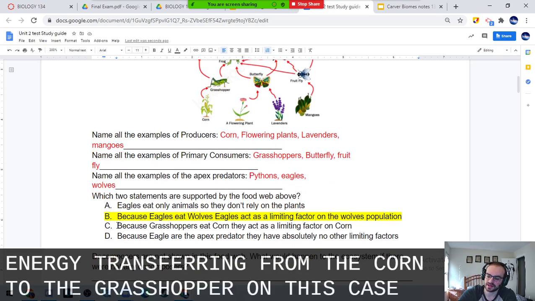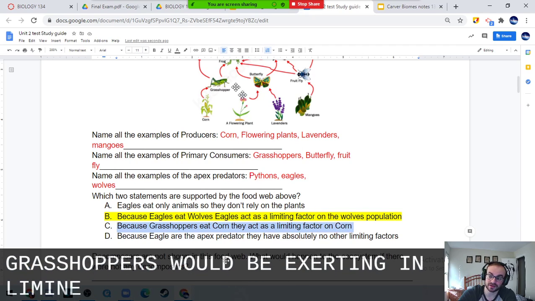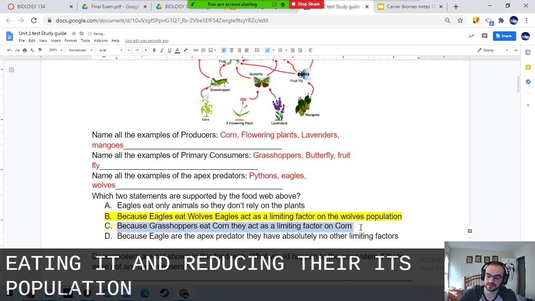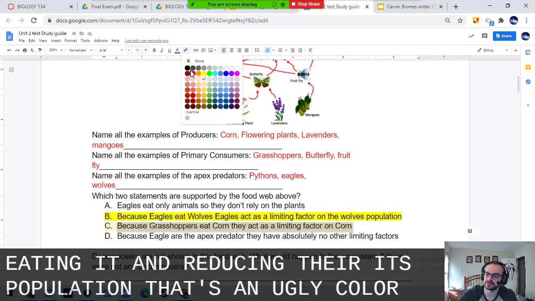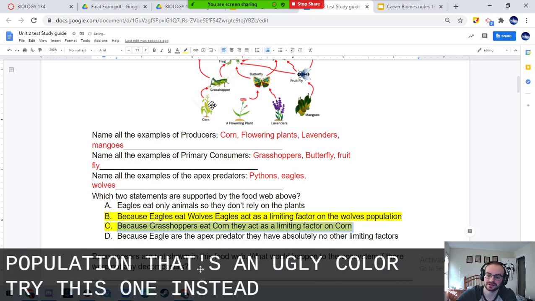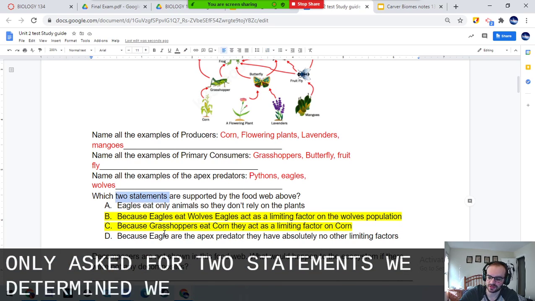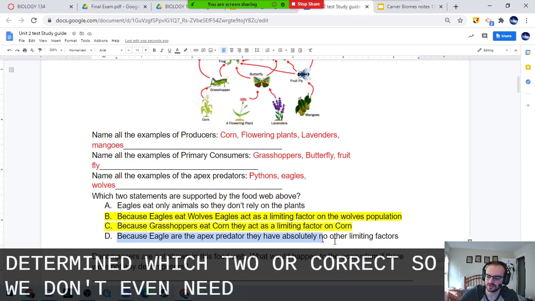So in this case, grasshoppers would be exerting a limiting factor on the corn by eating it and reducing its population. Ooh, that's an ugly color. Let's try this one instead. All right. So, good test taking strategy here. It only asked for two statements. We determined which two were correct, so we don't even need to read the rest.